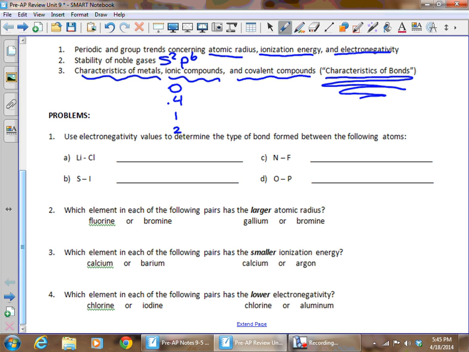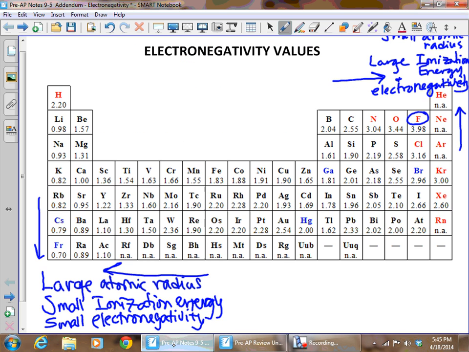An example here, we've got lithium and chlorine. I'm not going to be flipping back and forth to this chart, but remember, if we want to look up lithium and chlorine, you'll have this chart available for you. Lithium is 0.98 for its electronegativity value, and chlorine is 3.16.